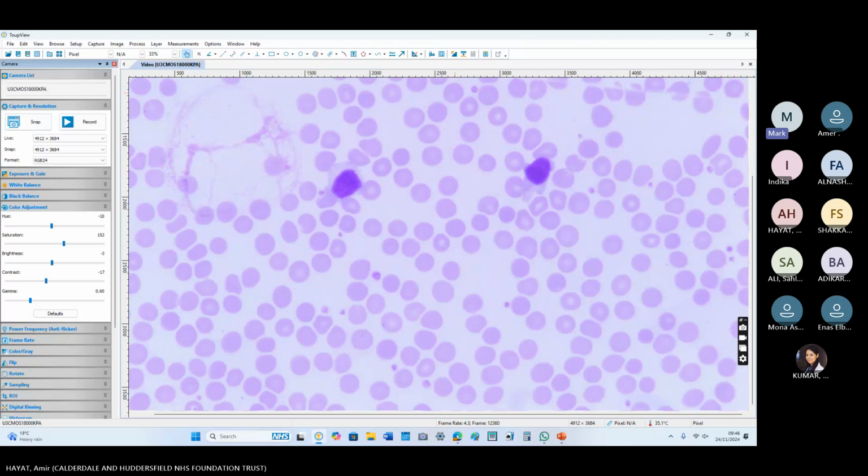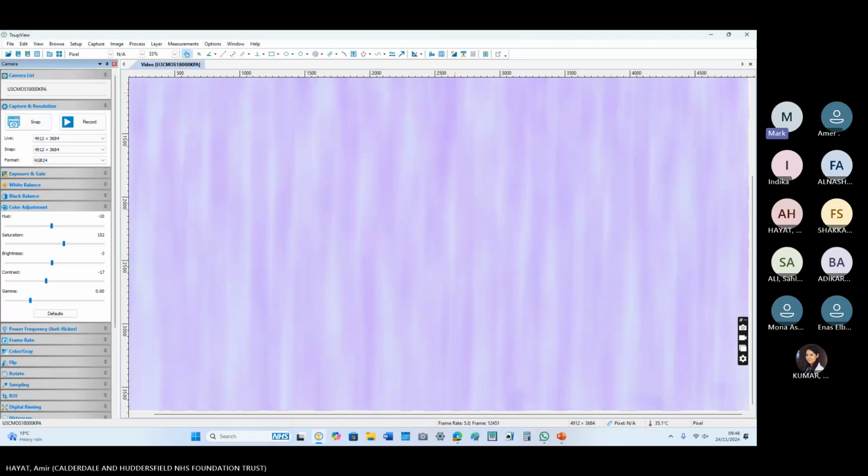It's not a classic case, though, of glandular fever. I'd expect bigger cells, more atypical, medium size, and more basophilic cytoplasm.